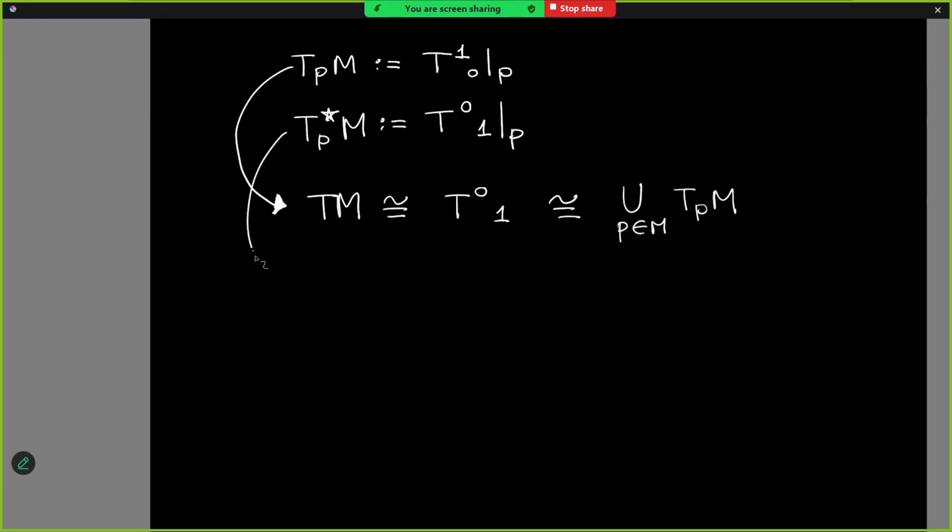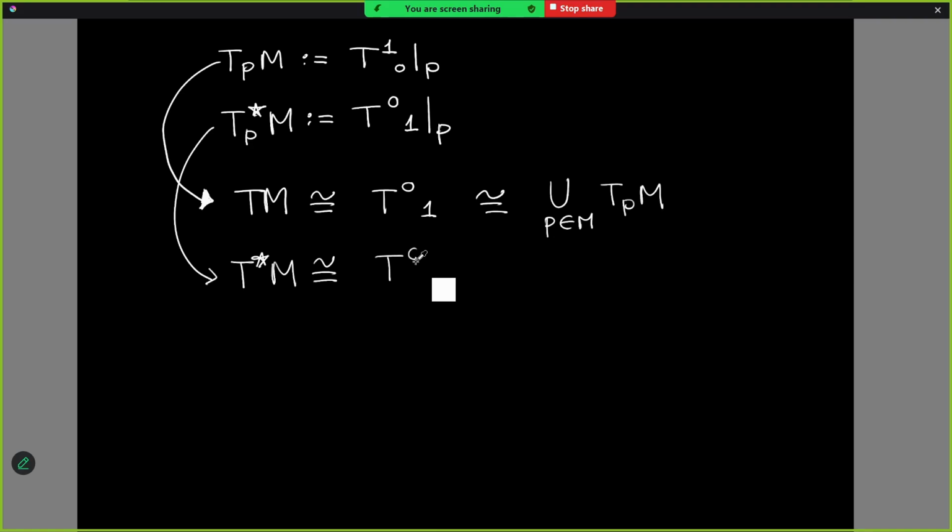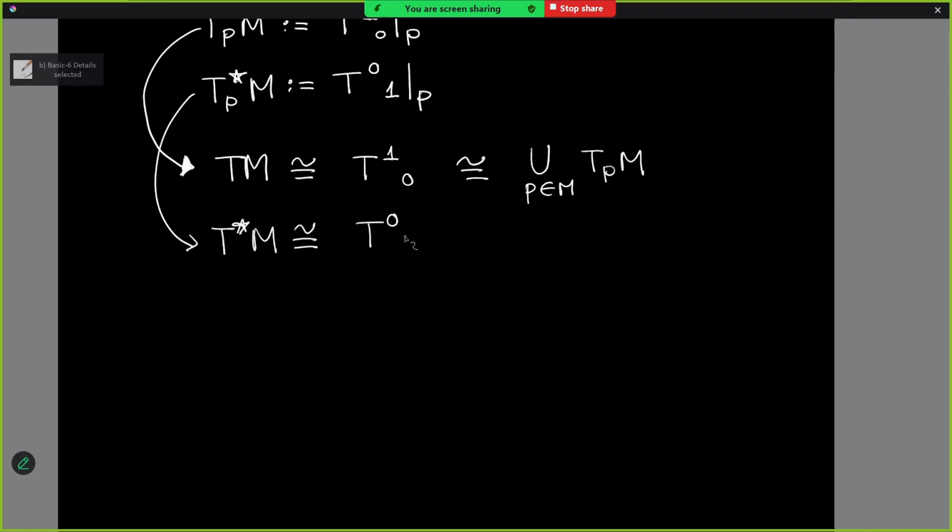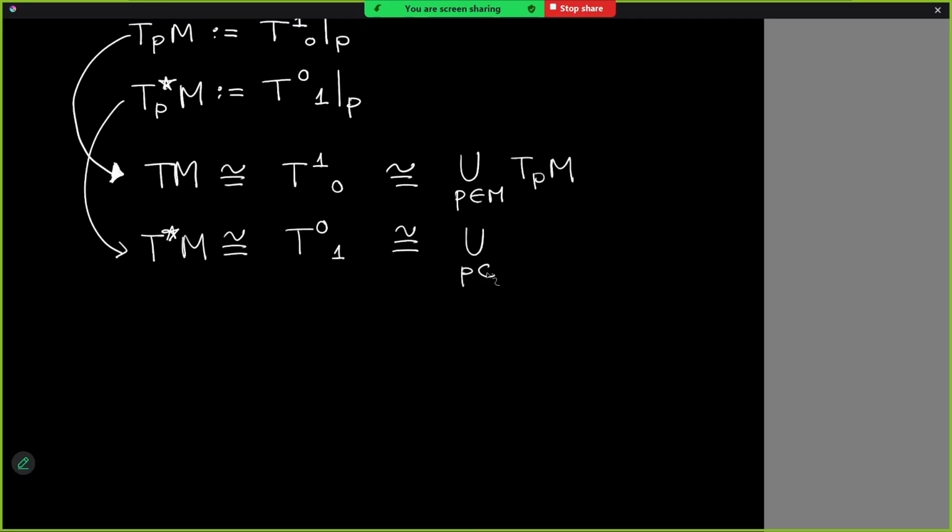And similarly, we can do T star M, which is T, wait, I called this 0, 1. This should be 1, 0. And so this is 0, 1. And so then this is the union of P element of M of TP star M.